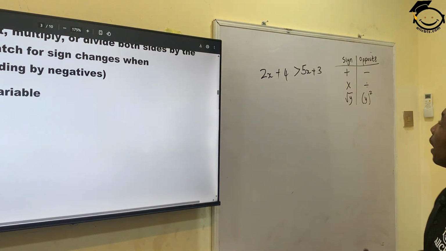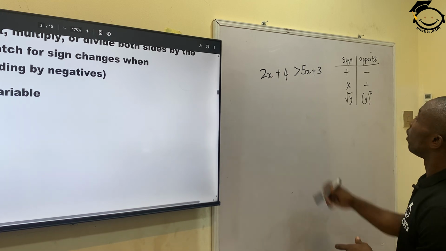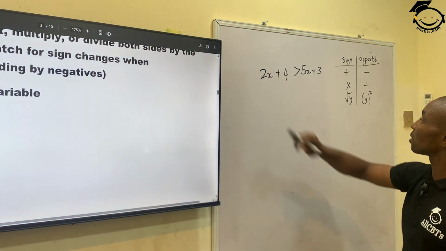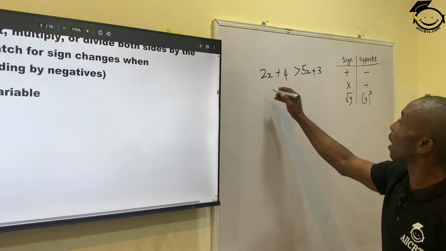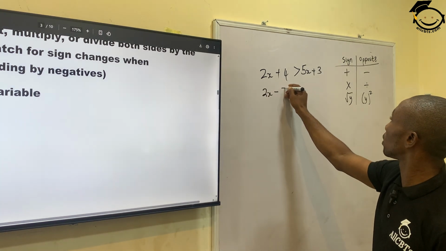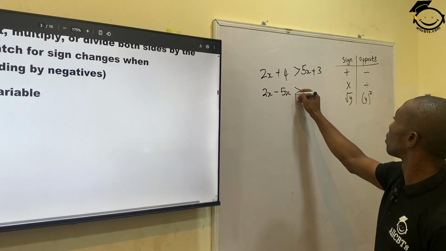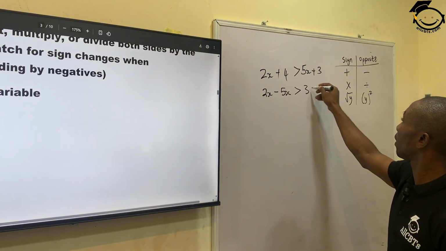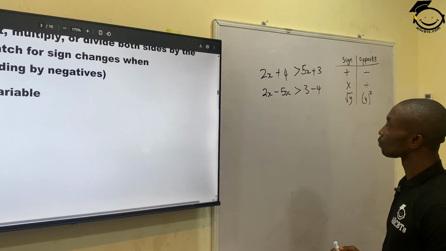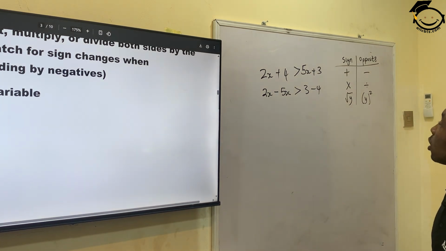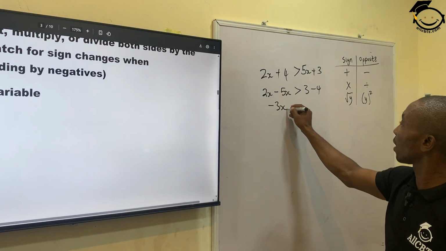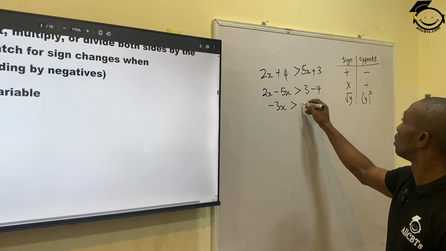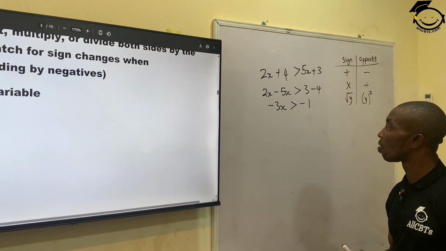Okay, now in this case, we have to do what? Collect like terms. If we collect like terms, we are going to have 2x minus 5x greater than 3 minus 4. Okay, so at those points, this will give us minus 3x is greater than minus 1.